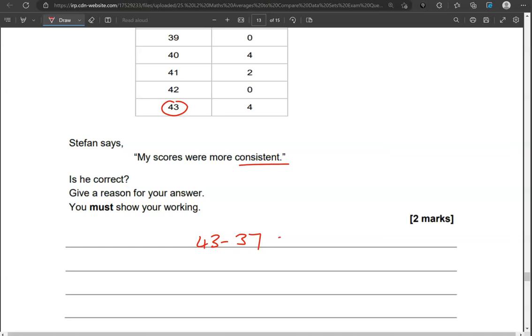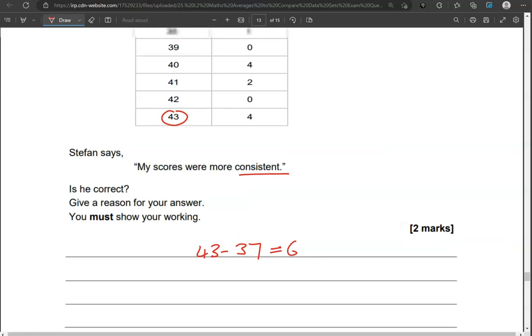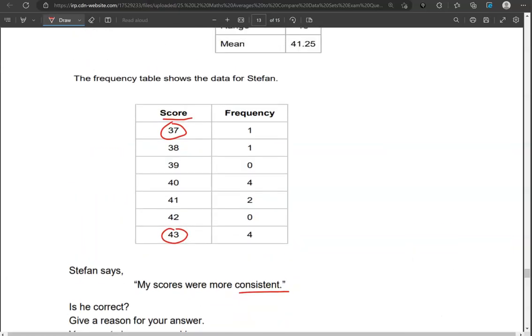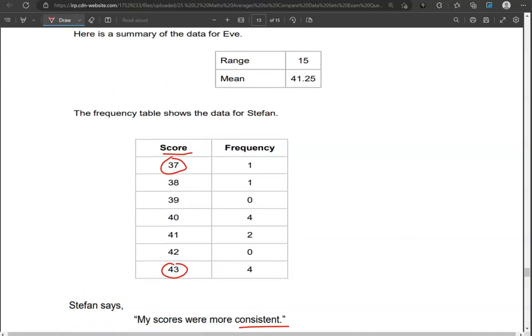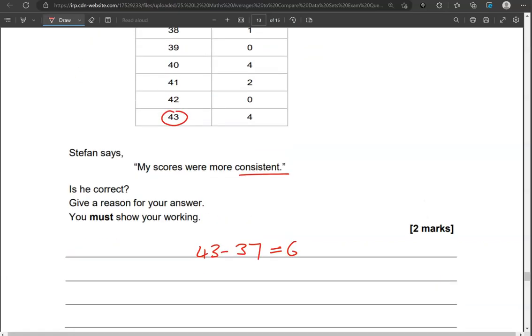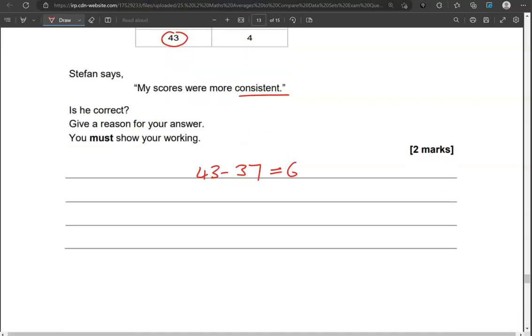Which gives us 6. So is Stefan correct when he says that his scores were more consistent? Yes, because 6 is lower than 15. So yes.